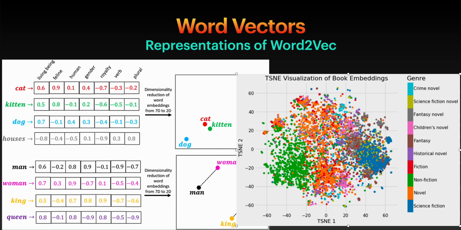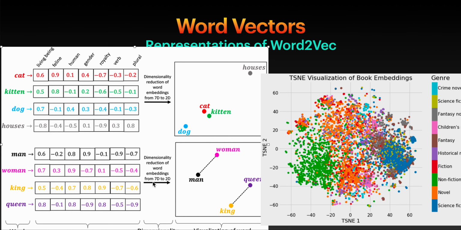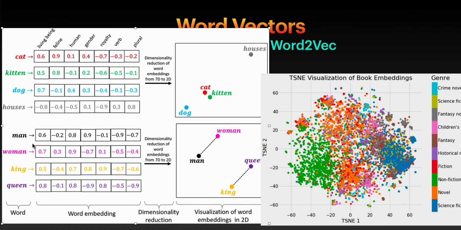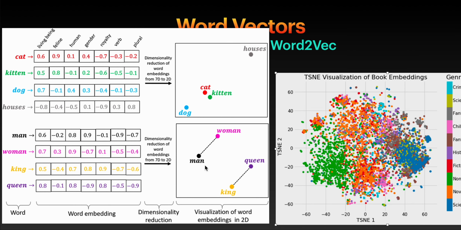Now, the really famous thing that I'm going to explain is the man, woman, king and queen example. This is one of the most famous examples, and I'm going to explain what the vectors represent.